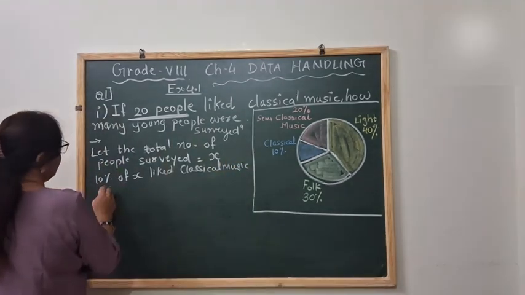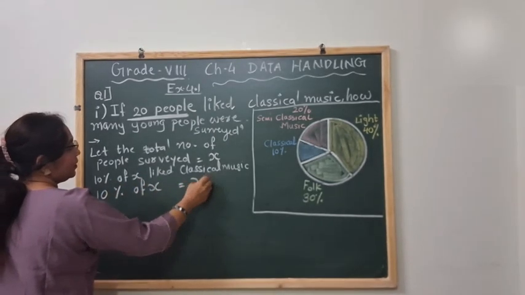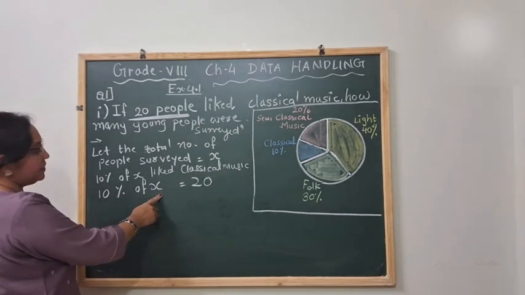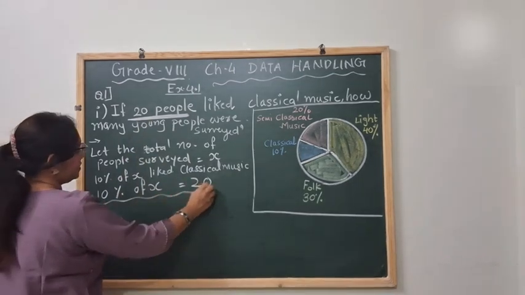So I can say that 10% of X is equal to 20. It is already given. 10% of the total number of young people is 20. So now we have to solve this.